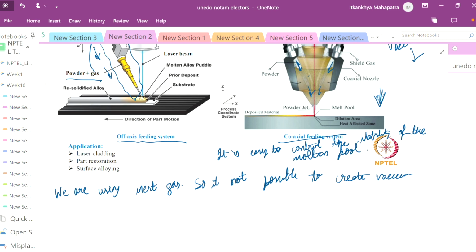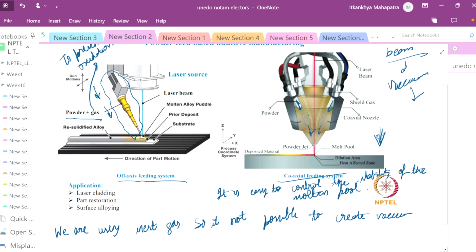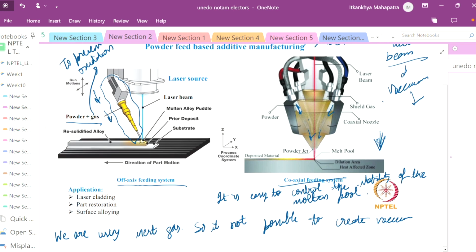Because here we are feeding the powder particles coaxially, but in the off-axis system we have to maintain an angle. If my angle or speed is not optimized, then we cannot carry out the feeding properly. So it is very easy to control the stability of the molten pool in coaxial feeding. This is the main difference.